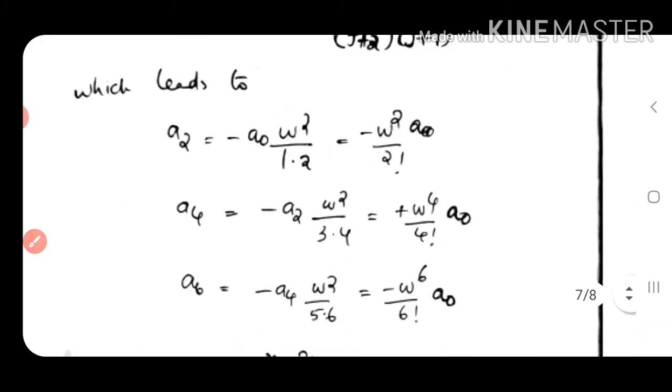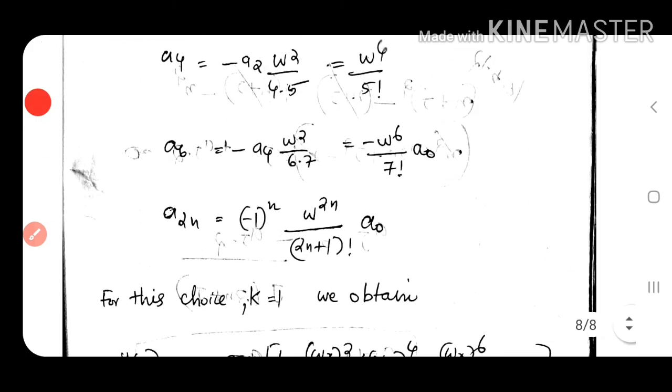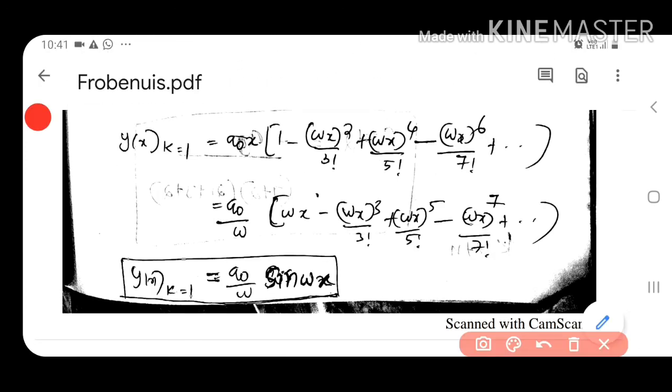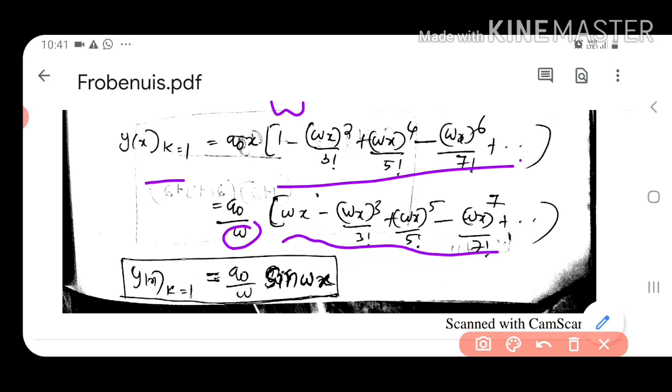It goes on like that. And you will be getting y of x for k equal to 1 as this. If I bring an omega here, by introducing omega in the denominator, I will have sine omega x. So a0 by omega sine omega x.